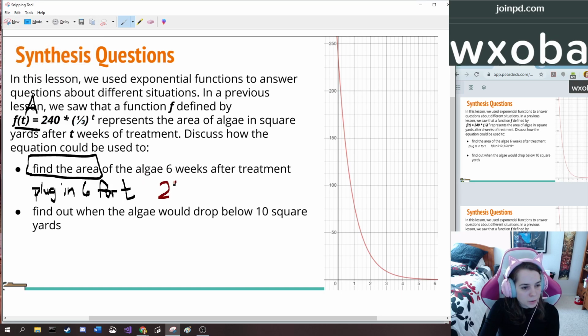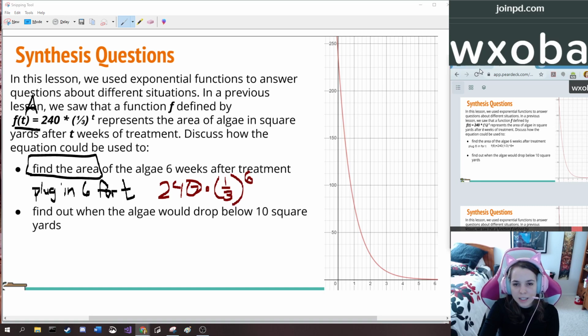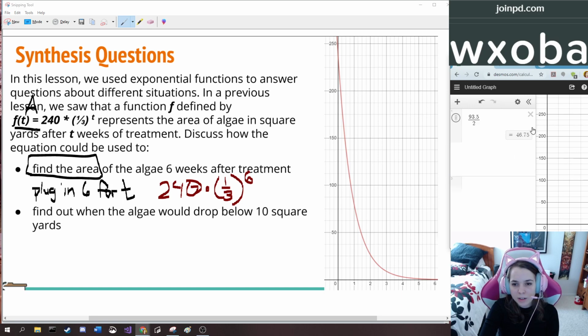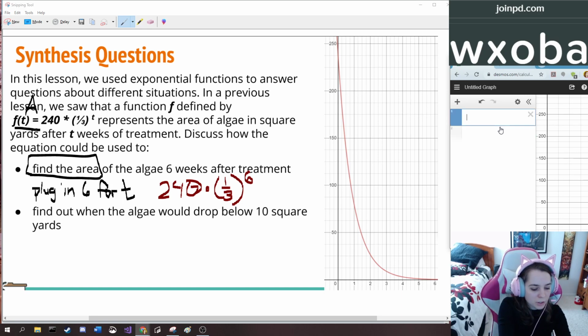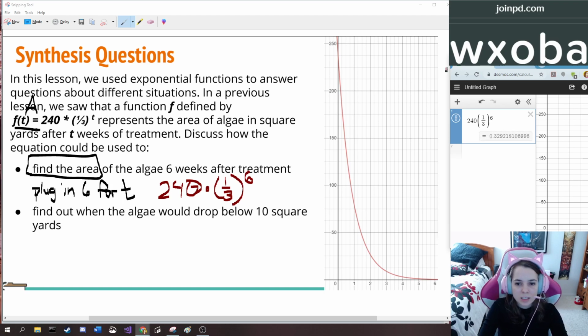So if I have 240 times 1/3 to the power of t, which here is 6, then in our graphing calculator we can put 240 times 1/3, close it off, and use the caret on our keyboard to make it to the power of 6.